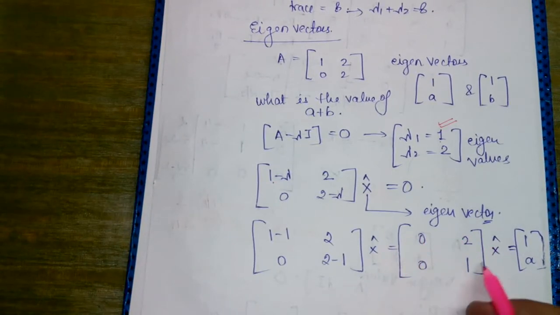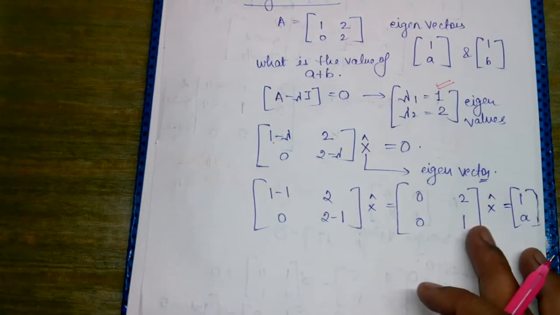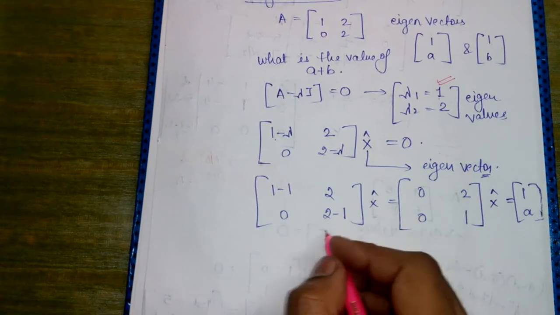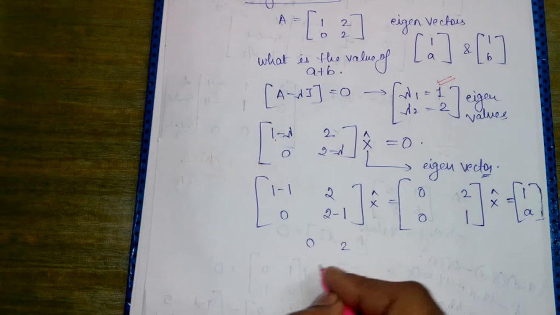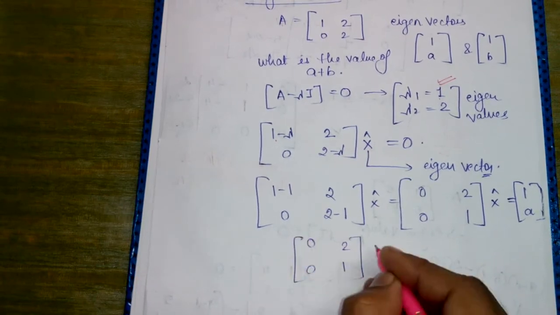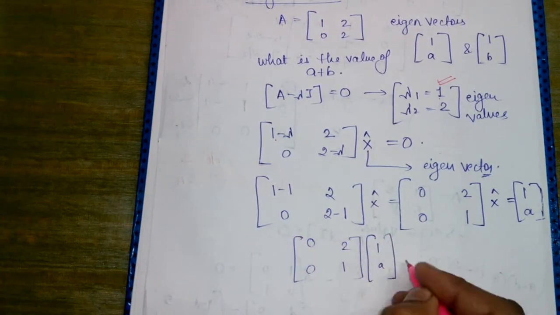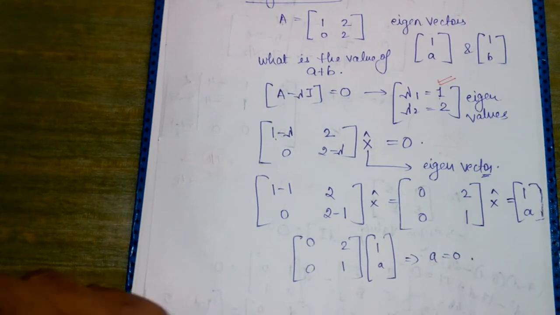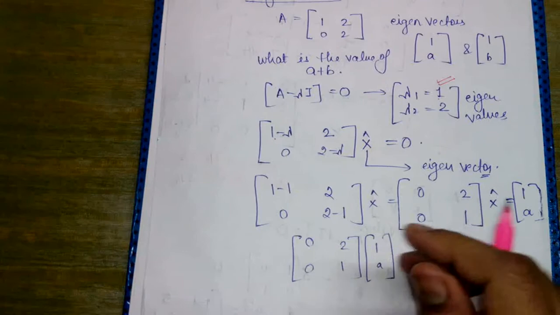We can clearly see that here the determinant would be equal to 0. If we multiply [0, 2; 0, 1] with [1, a], we will obtain a as 0. So the value of a is coming out to be 0.